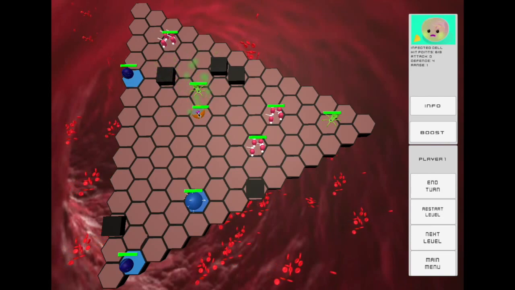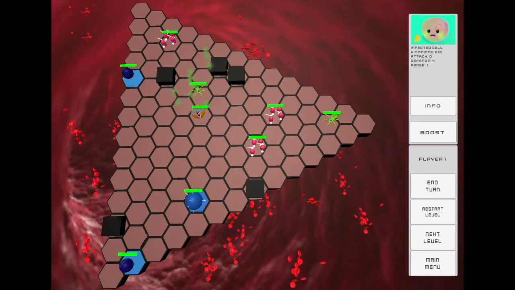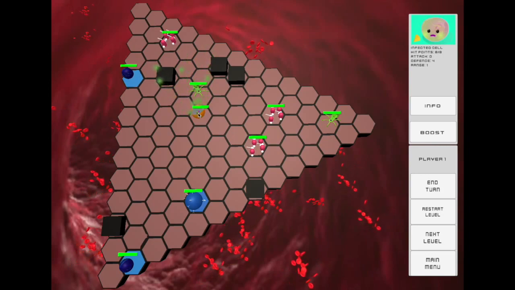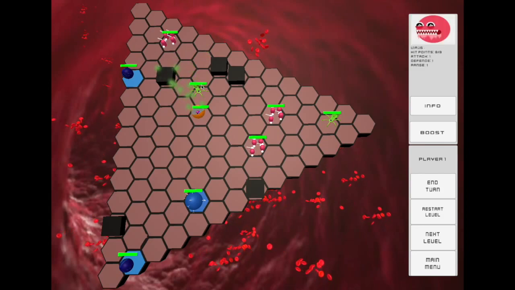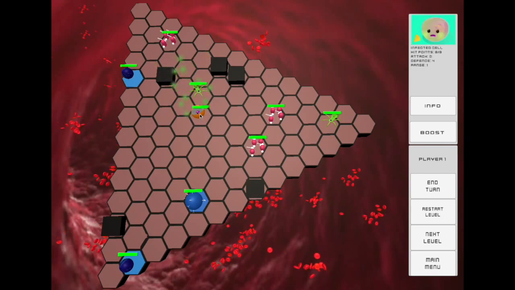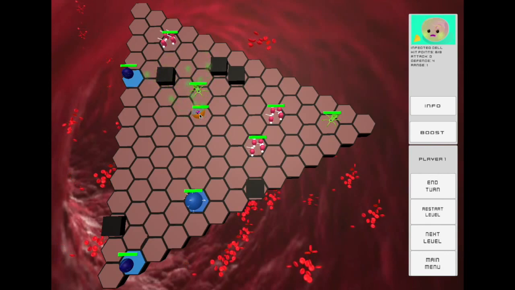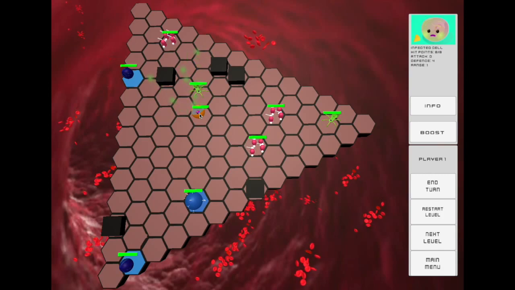If a virus attaches onto a cell, it injects its RNA in there, and then it uses that cell to create more. And that happens in the game. When the virus attacks the body cell, it gets taken over. You see I can no longer click on it. It's part of the pathogen side now.